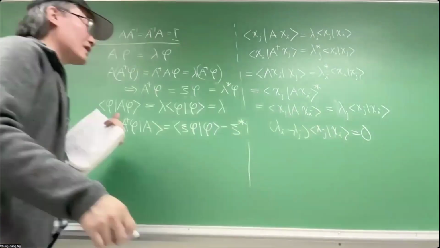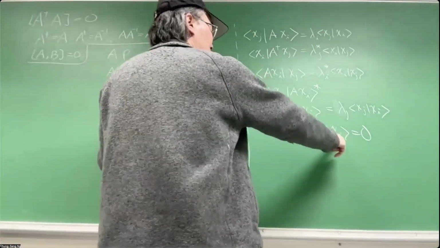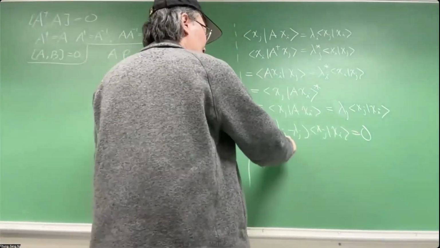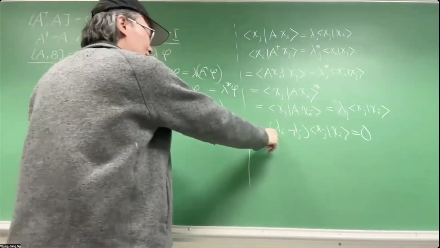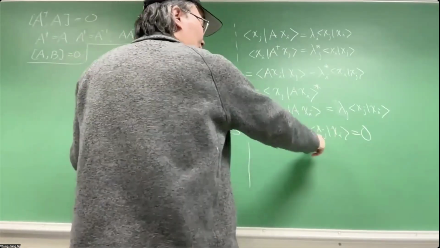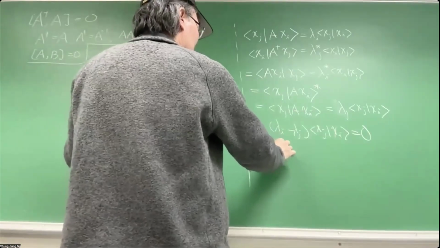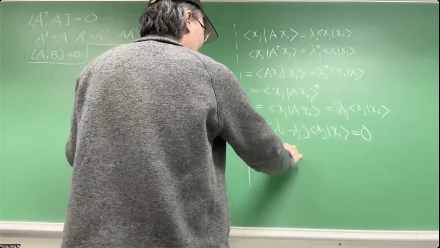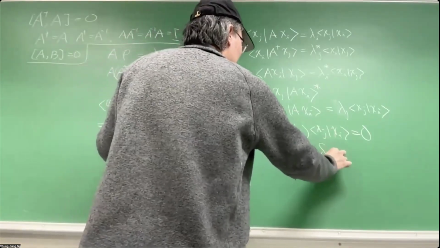So as long as lambda i is not equal to lambda j, then the scalar product of x sub i and x sub j equals 0. Obviously, we assume that i and j are non-degenerate, so the eigenvalues are not the same, and x sub i, x sub j is 0. And we can extend that to the degenerate case also by using the Gram-Schmidt method.